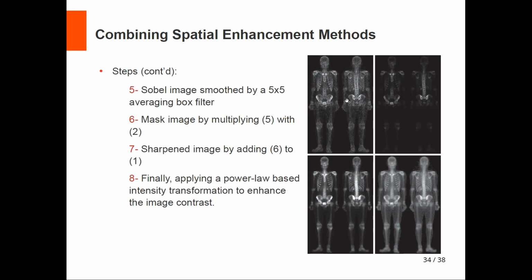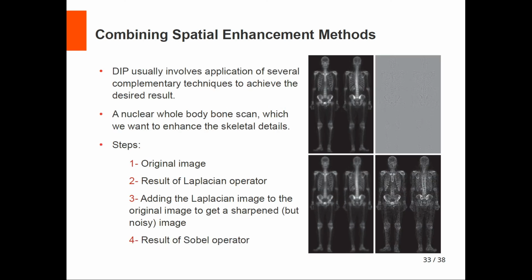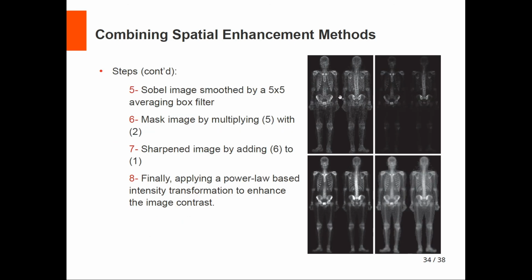Then we smooth this Sobel gradient magnitude image by a 5 by 5 averaging box filter. Then we mask the result of the Laplacian operator with the smoothed Sobel image. To do that, we basically multiply this image with the result of the Laplacian, and then finally we add this masked version of the Laplacian to the original image.